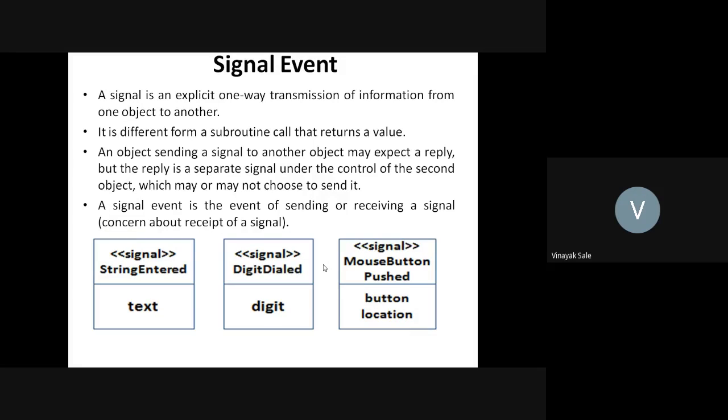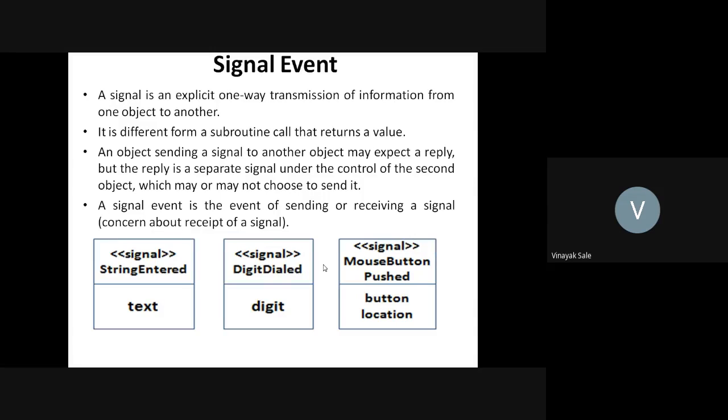And there are some directional signals: left, right, forward. So this signal event is a one-way transmission. It is simplex, a one-way transmission of information from one object to another object.